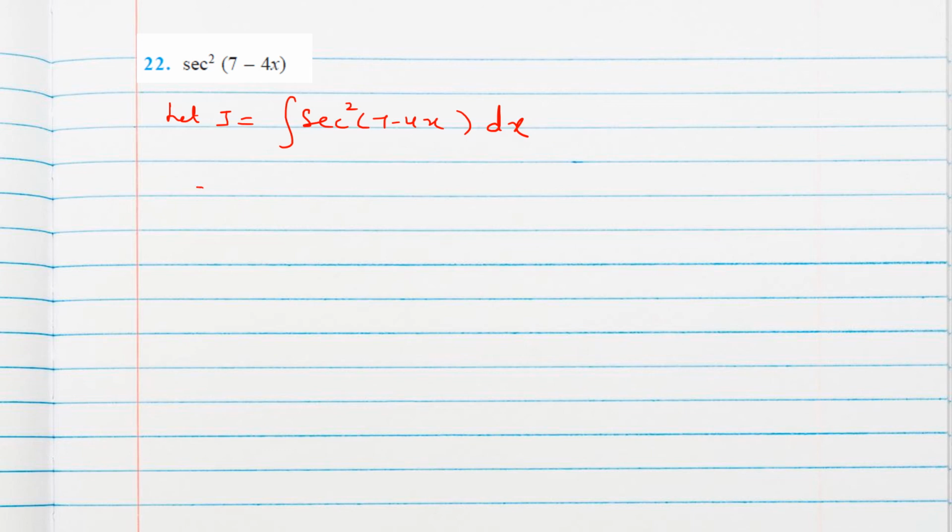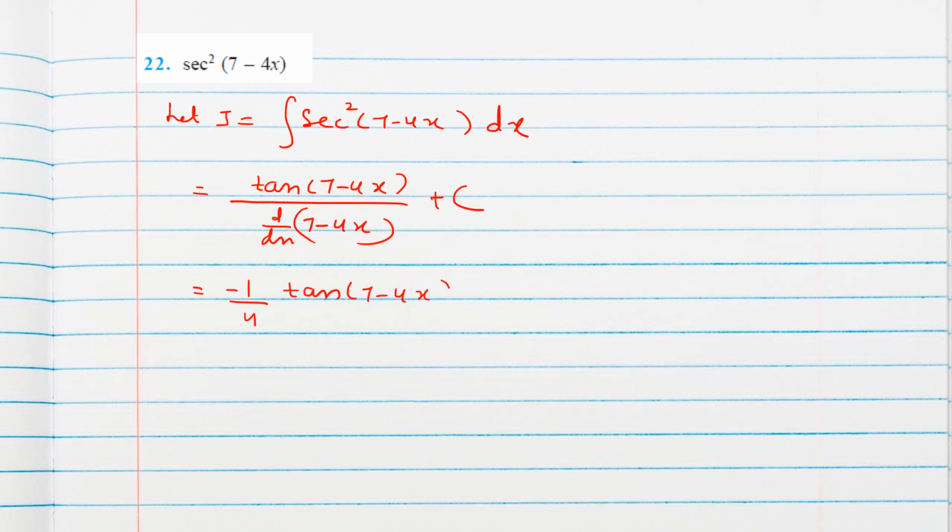So directly, if we do it by formula, this will be tan of the angle, divided by, since it is composite, the derivative of 7 minus 4x, which is minus 4. So minus 1 by 4 tan of 7 minus 4x plus c.